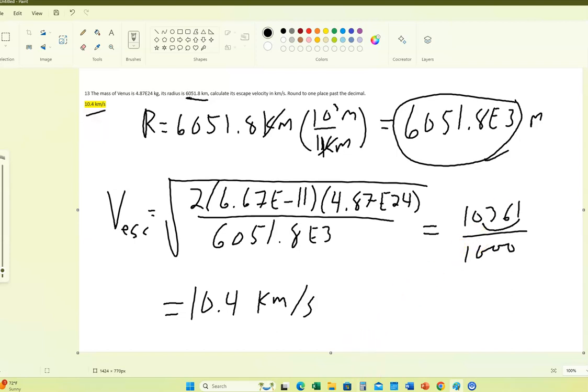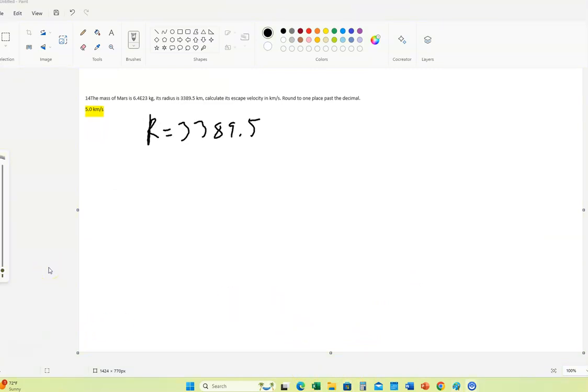All right, so that's number 13. All right, so here's number 14. We're dealing with Mars now, and they give us the radius in kilometers. Find the escape velocity in kilometers per second. So in the escape velocity equation, the radius has to be in meters.